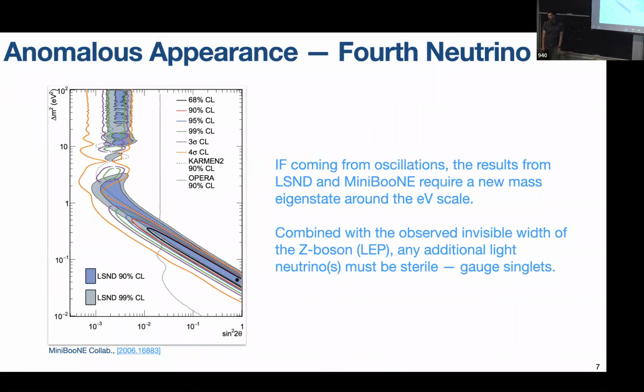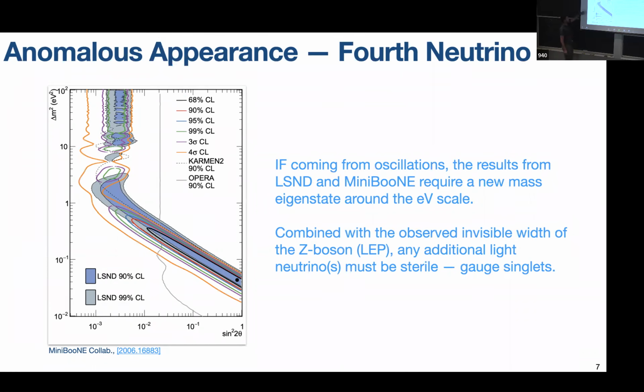And you can do a fit. This is a simple 2 neutrino fit where you say that there's muon neutrinos oscillating into electron neutrinos, not worried too much about the light mass squared splittings. And you can see that the results are generally consistent as a function of this effective mixing angle, sine squared 2θ, and this new mass squared splitting.